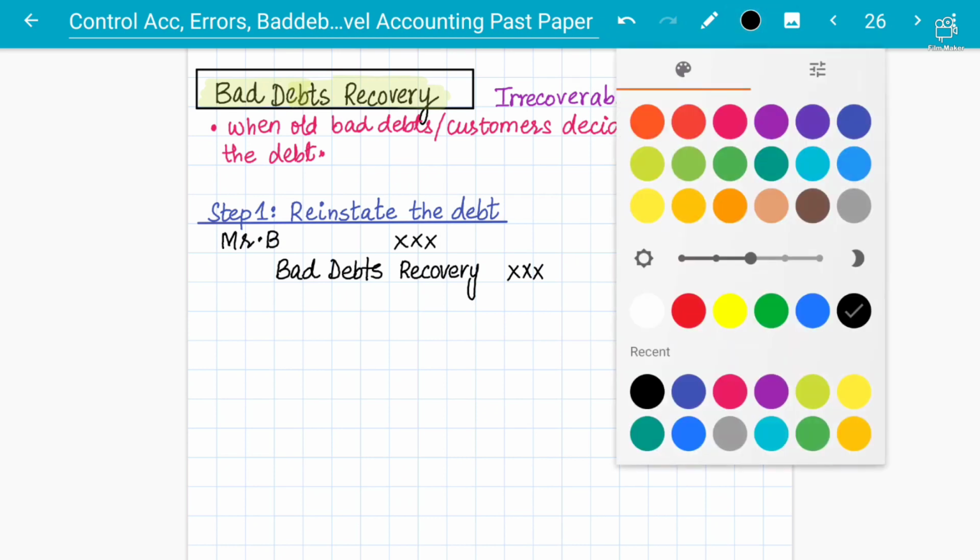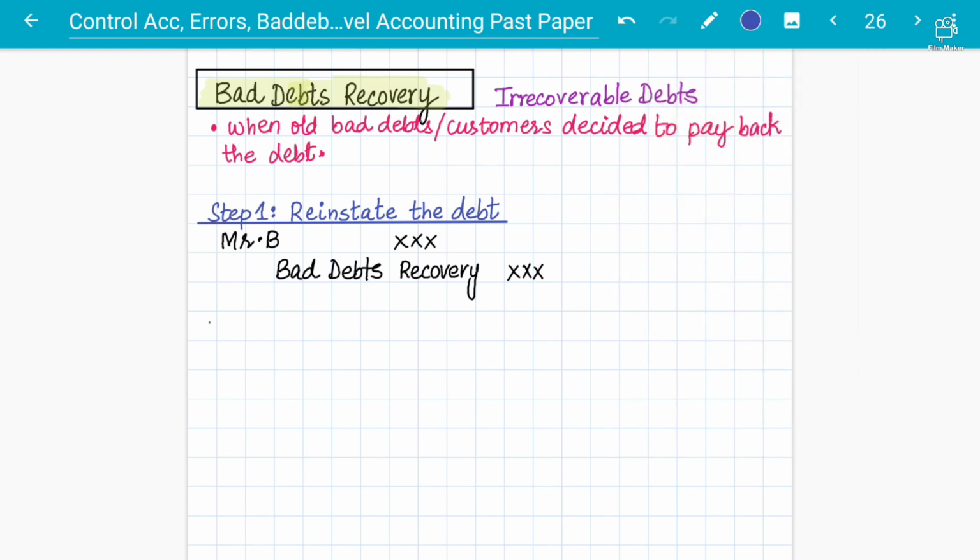Then step number 2 will be that, because you have reinstated, you are going to receive the money now, so it will be receive the fund. So it's going to be receiving the fund. Your bank and cash, because you are receiving it, will become debit, and the person who is paying off the debt will again become credit.